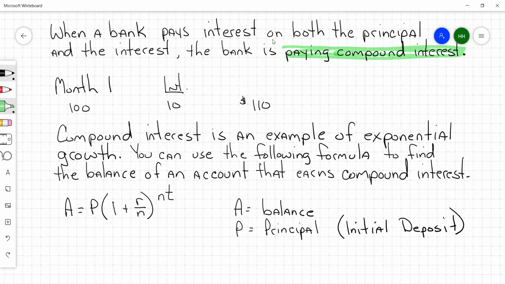All right, A represents the balance. P represents the principal. That's the initial amount of money you put in the bank.